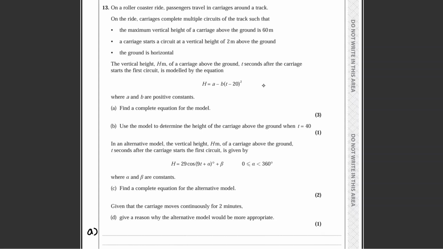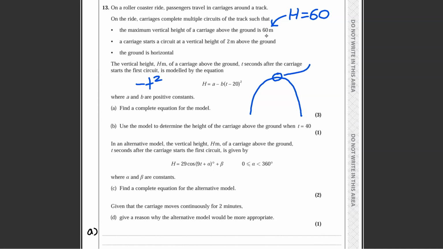It would be something like minus t squared. So it'll look something like this here. And we're told the maximum vertical height of a carriage above the ground is 60 meters. So therefore here, h is equal to 60. And we can see that this maximum height is going to be here.